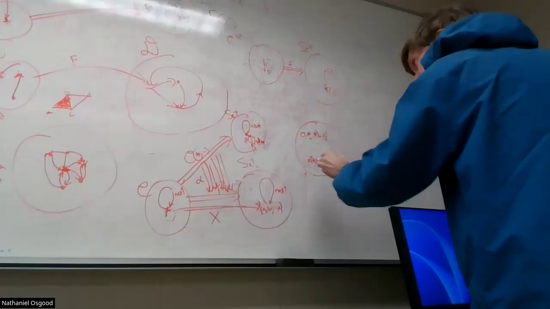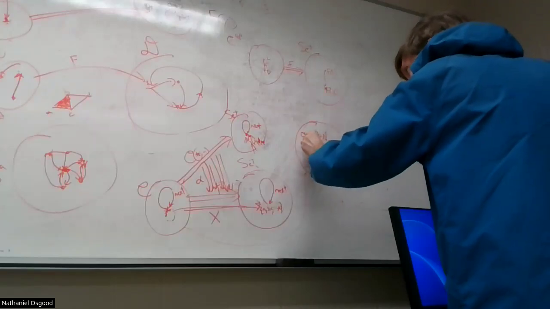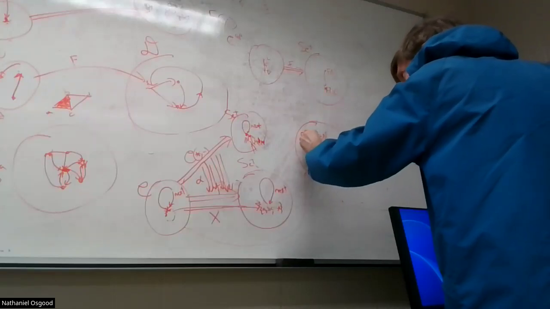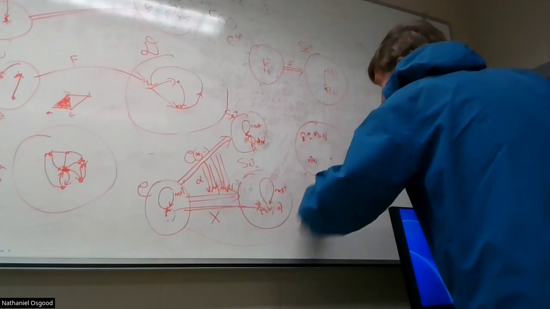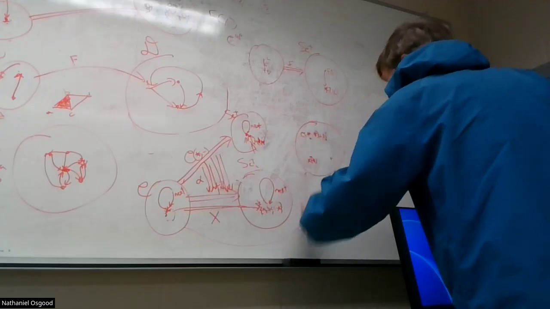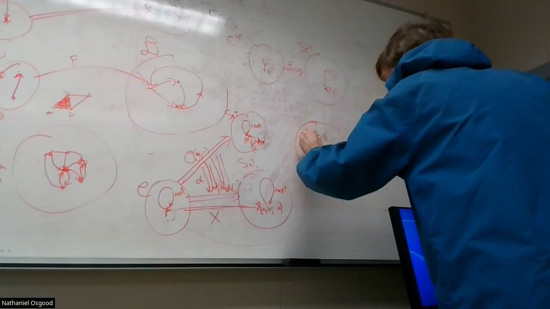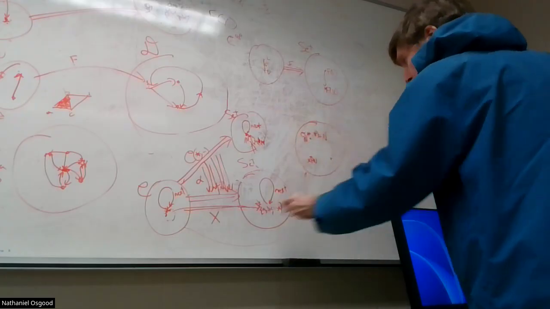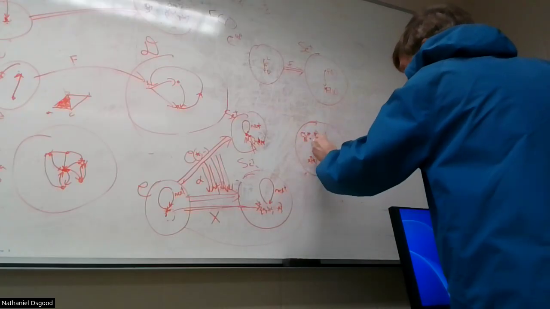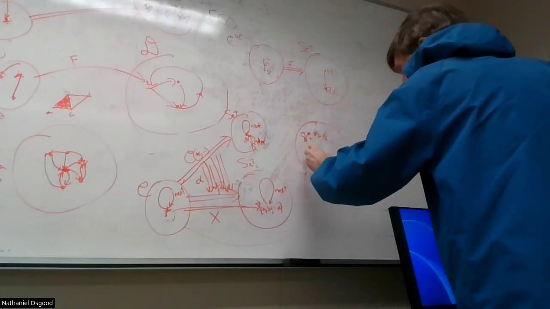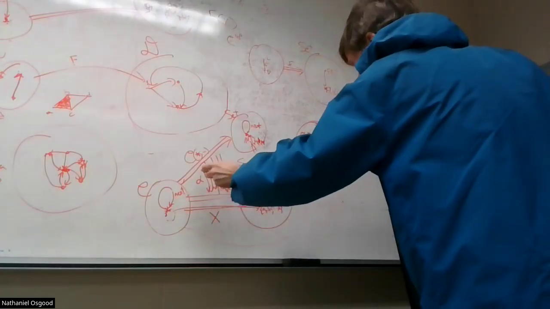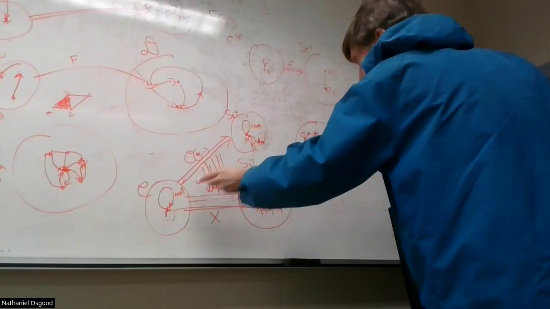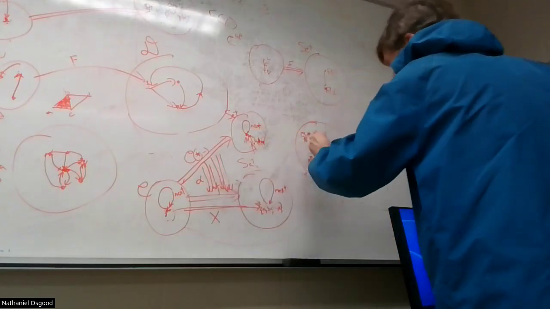This object is some set. It's the natural numbers. This is this set. And where is this going to map? What does this functor map next to?